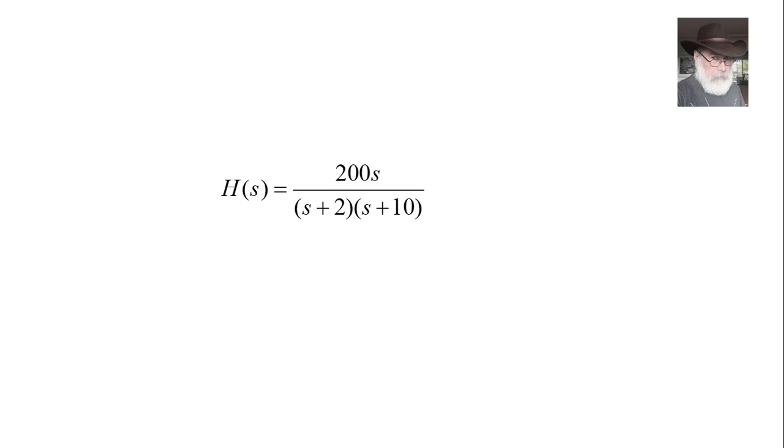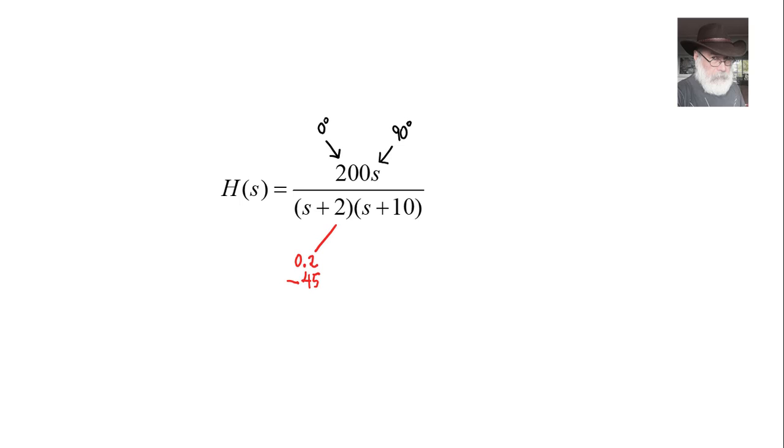The constant, being a real number and all, will contribute to the phase with 0 degrees. The zero at 0, once you replace s by j omega, becomes an imaginary number, and it's contributing with 90 degrees for every frequency. The pole at 2 and the pole at 10, each one will contribute with two corners, one decade before the pole and the other one decade after.